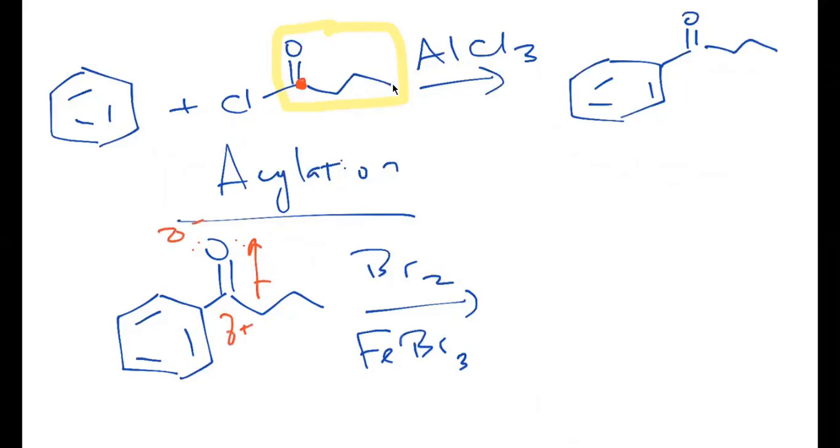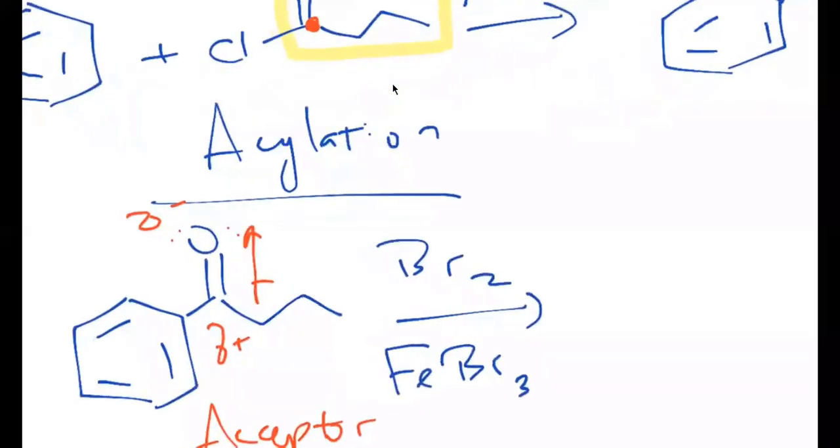So what do you think now? If the carbon is the part that's attached to the ring, is it a donor or is it an acceptor? And you've got a partially positive carbon on the ring. It should be an acceptor, right? Can I do this? Let me see if this will help you.